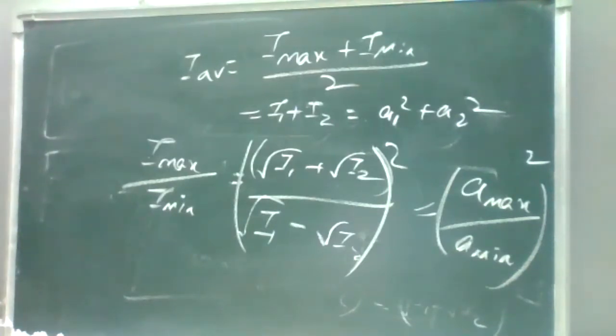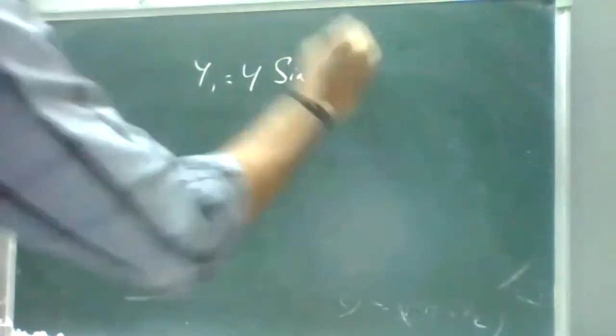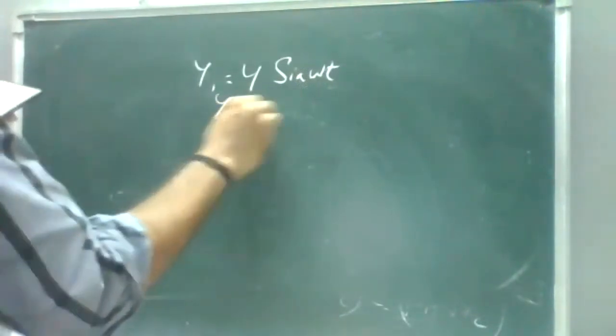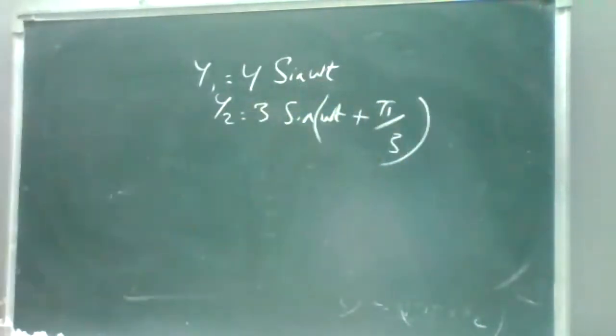If two waves are represented by y1 is equal to 4 sine omega t and y2 is equal to 3 sine (omega t plus 5 by 3), interfere at a point, find the amplitude of the resultant wave.